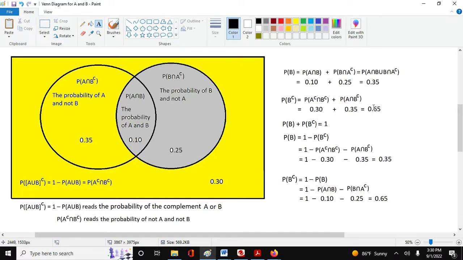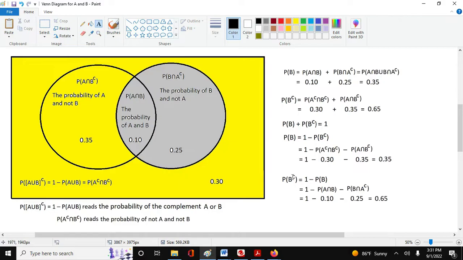If we add these 2 together, what's yellow and what's gray, we're going to get 1 again, just like we should. Another way to find probability B is 1 minus probability B complement. So everything that's yellow, if we subtract that from 1, 1 minus 0.65, we get 0.35. And this agrees with what we have up here.